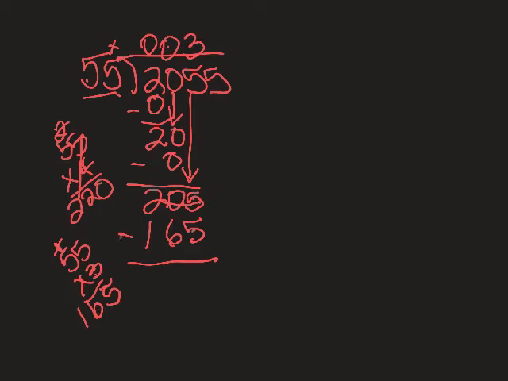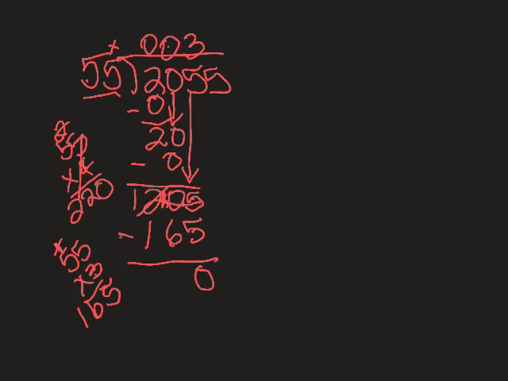Okay, now I subtract. 5 minus 5 is 0. 0 minus 6 I can't do because the 6 is bigger than the 0. So I have to take one of the hundreds away from the 200. I'm left with 100. Then I take that 100 and divide it into 10 tens.